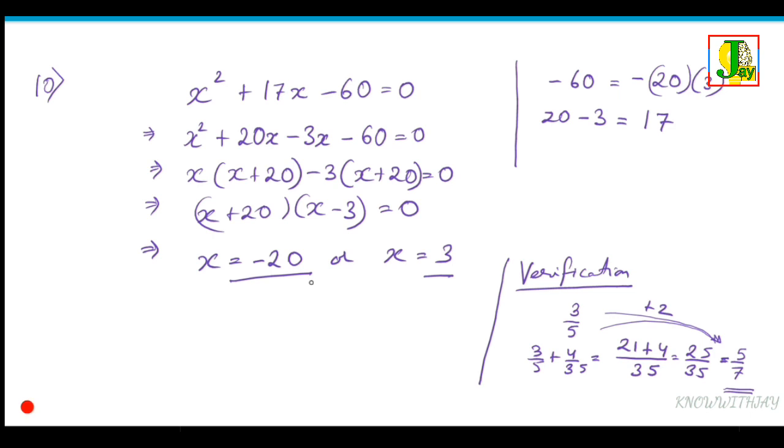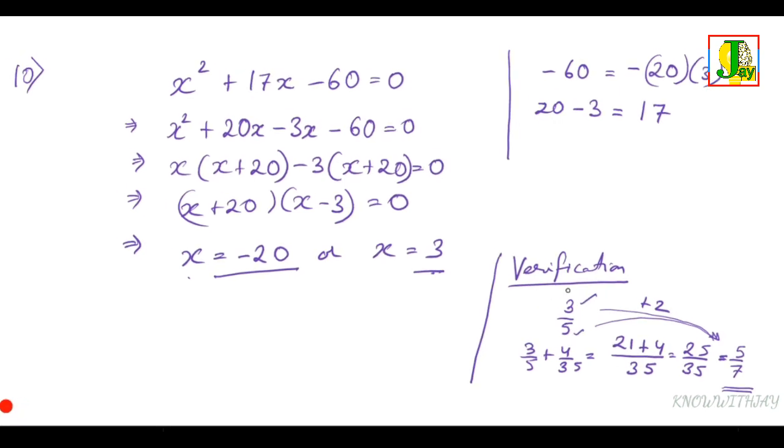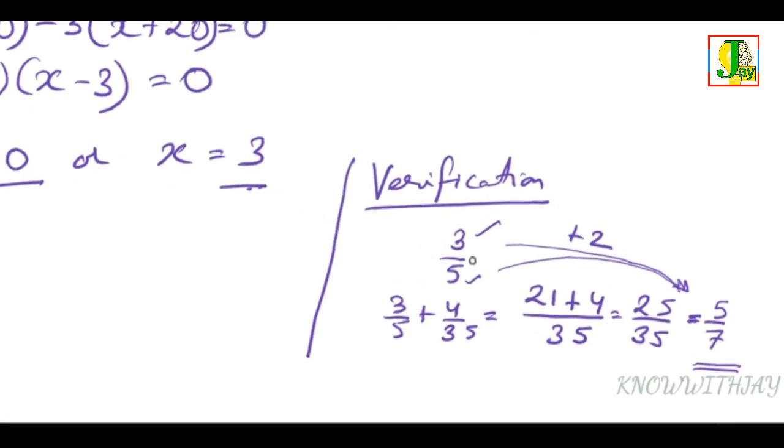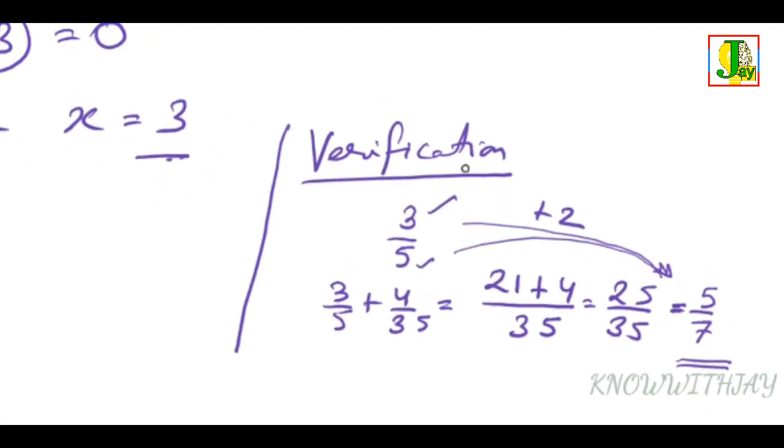Now the fraction is a positive fraction, so we have to discard the negative value of x and we get x as 3. So what is x? X is the numerator. So if the numerator is 3, then the denominator is 8 minus 3, that's 5. We can verify whether our result is true by applying the given condition.